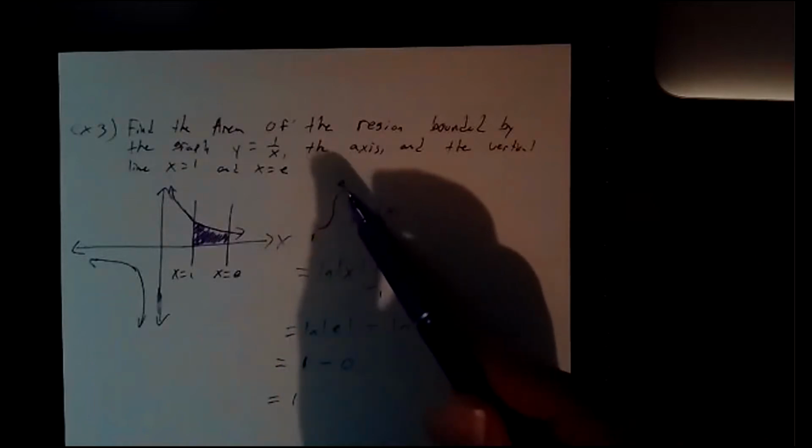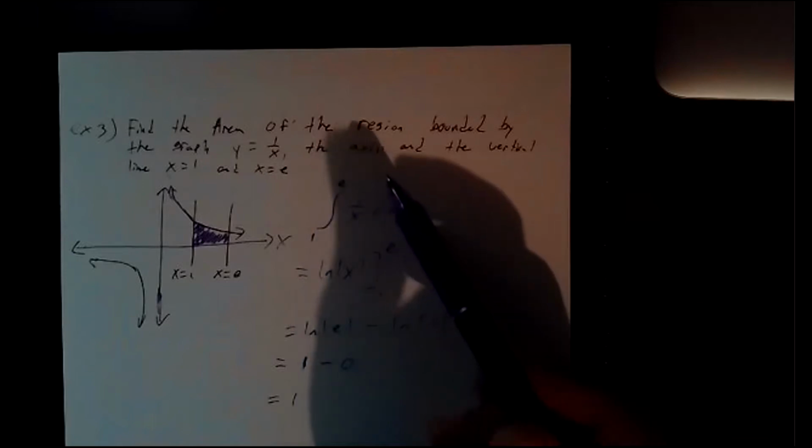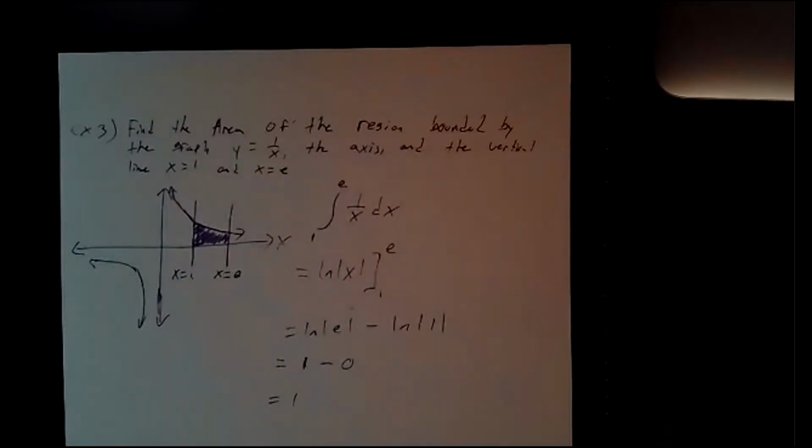Since you have bounds, from 1 to e, you don't put plus c. If you don't have any bounds, then you put the c; if we have bounds, we don't.